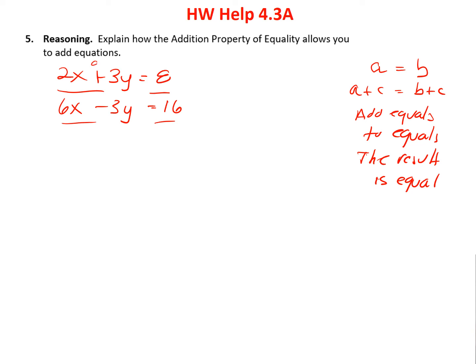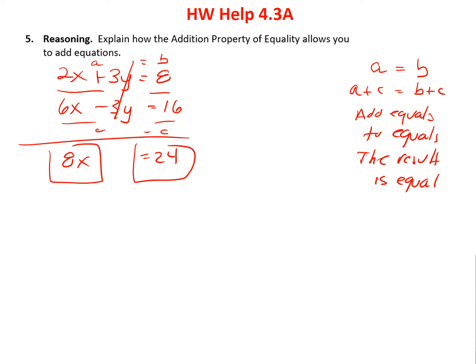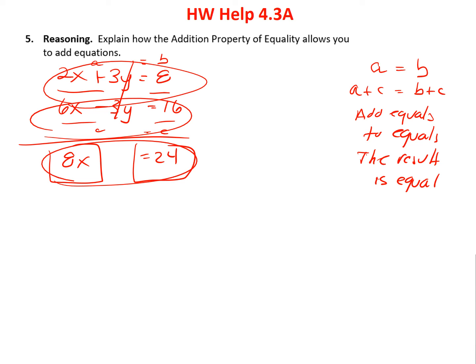This is like the A equals B, and this is like the C equals C up here. I'm adding equals to it. So when I add them, it just happens that I set it up so that the y terms would be eliminated. You see, these two then are equal. If you add equals to equals, the result is equals. That is the application of the addition property of equality.